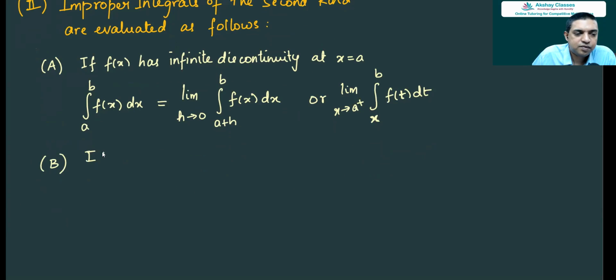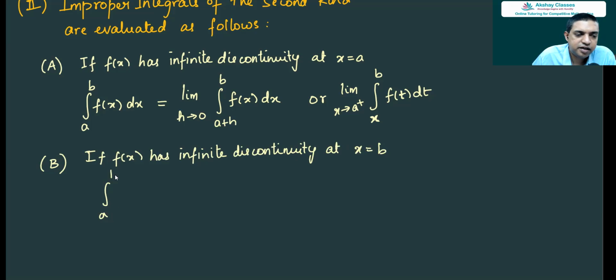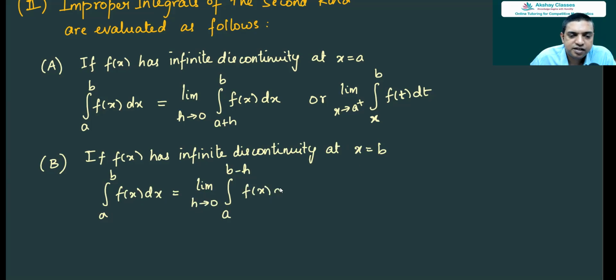Now, if f of x has an infinite discontinuity at x equal to b, in the integral from a to b of f of x dx, similarly we get the integral from a to b minus h, limit h tending to 0, of f of x dx.